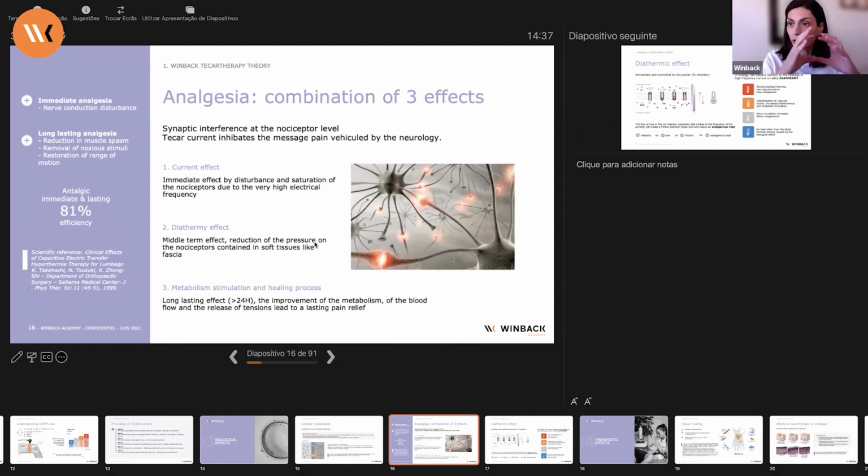Cancer is a specific area. I work with post mastectomy, with the Winback on post mastectomy women. I work with the radiotherapy scars, and we have really, really good results. The important thing is that we don't work on cancer.